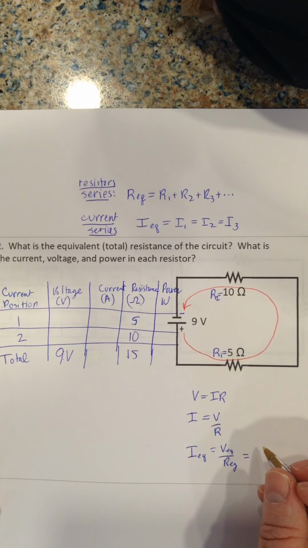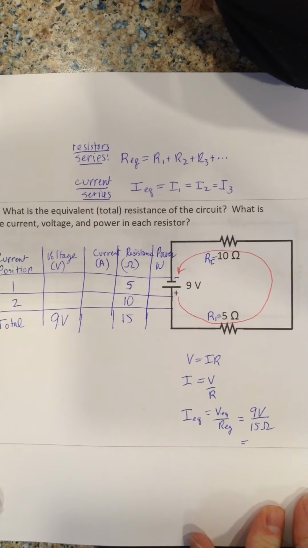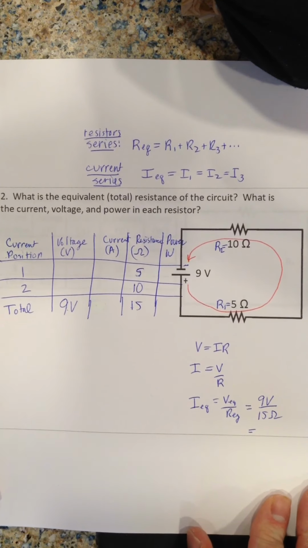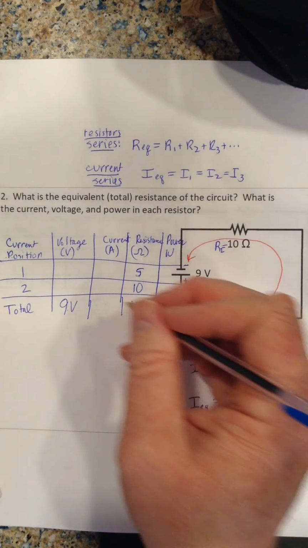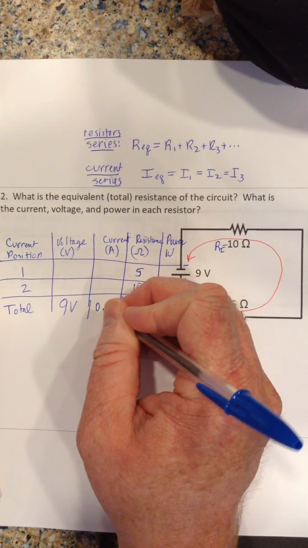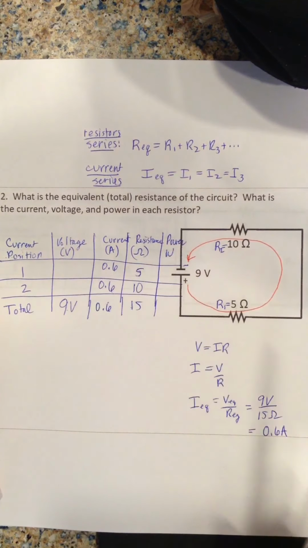So I'm going to get 9 volts divided by 15 ohms, which is what? 0.6 amps. So the total current is 0.6. That means the current in each resistor is going to be 0.6.